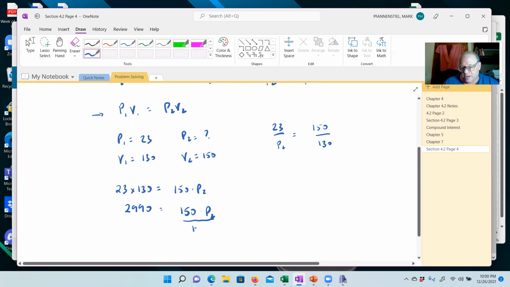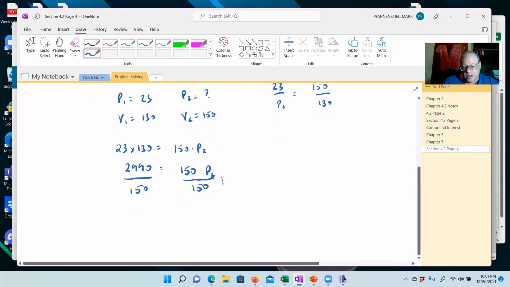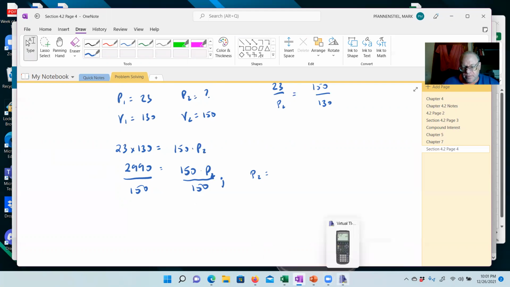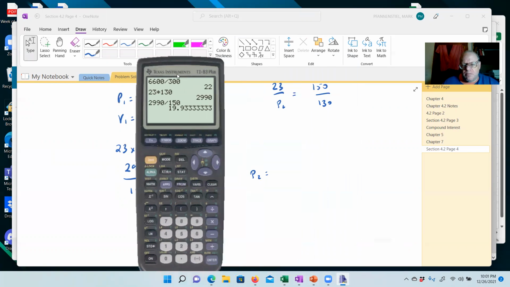We're going to divide by 150. Then P2 is equal to 2990 divided by 150. So here we have 2990 divided by 150, which is 19.93.